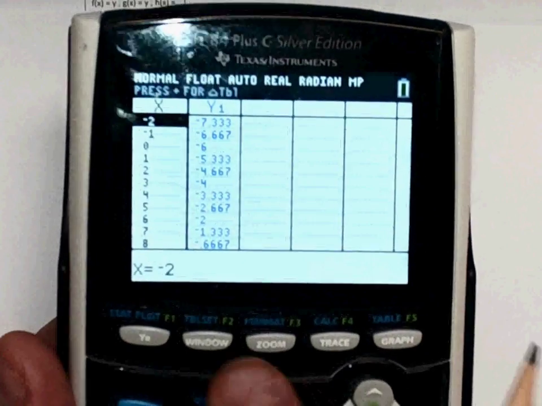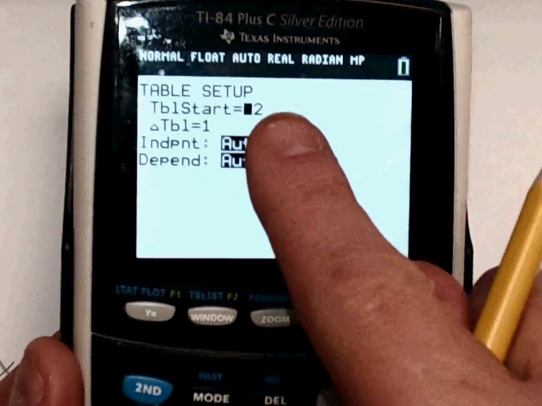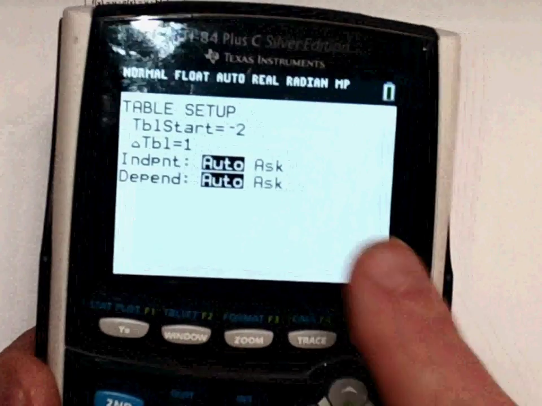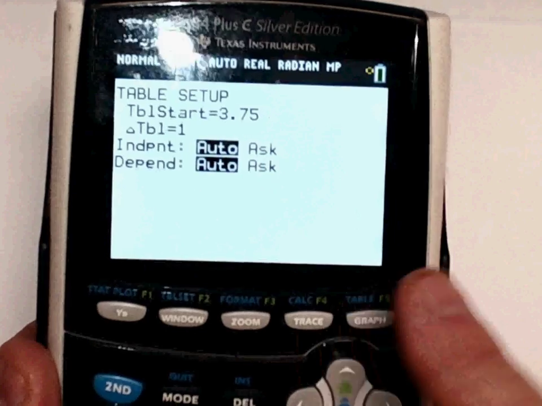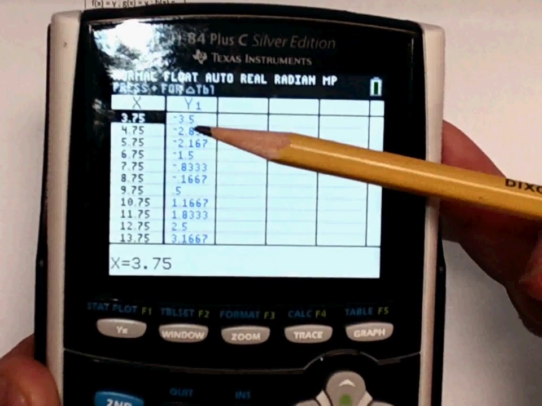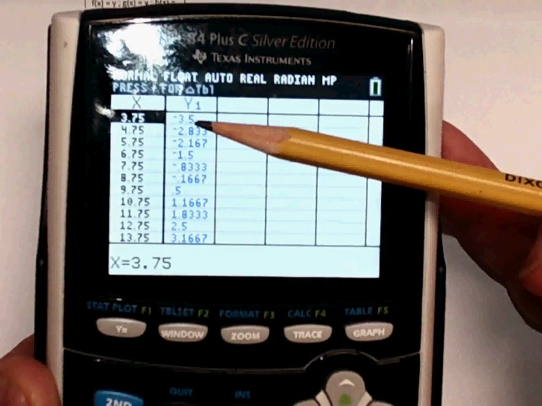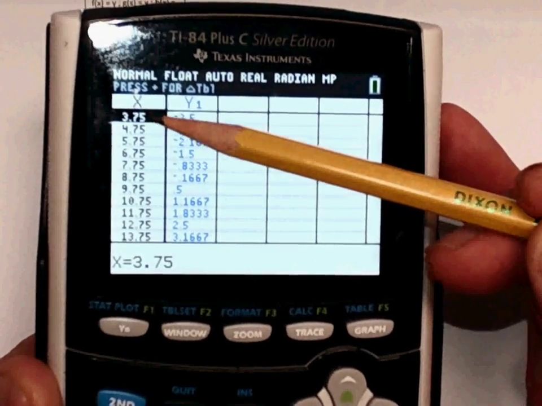Go back up to your table set, second window, and start at your answer. Start at 3.75. Type that in. Go to your table, and now does 3.75 produce a negative 3.5? The answer is yes. So we know our answer is right.